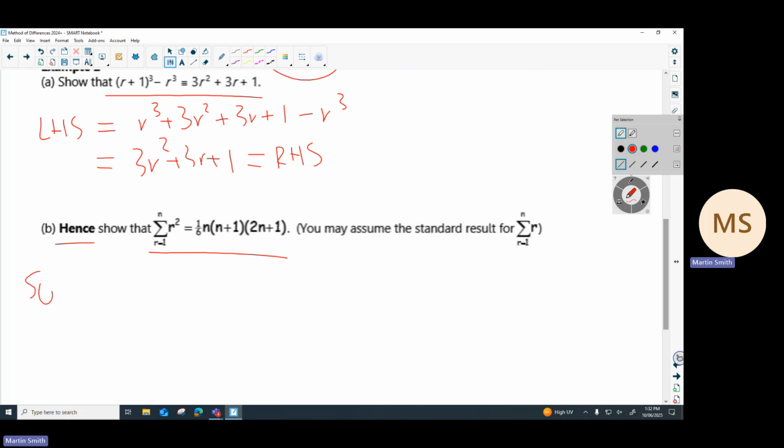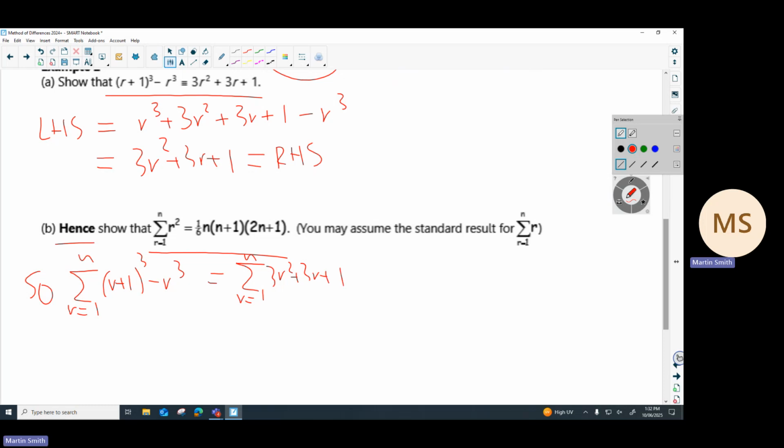So what I know is that the sum from r = 1 to n of (r+1) cubed minus r cubed is equal to the sum from r = 1 to n of 3r squared plus 3r plus 1.